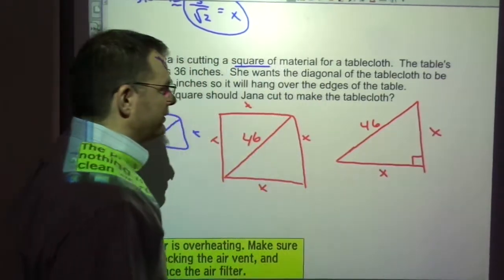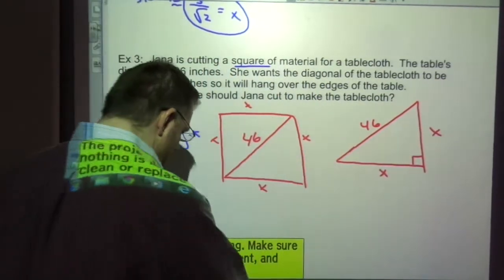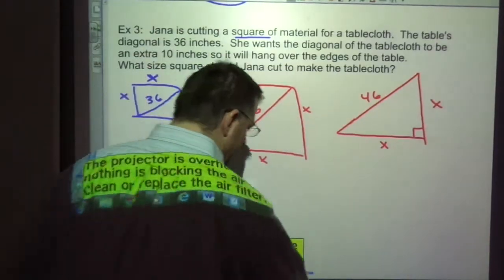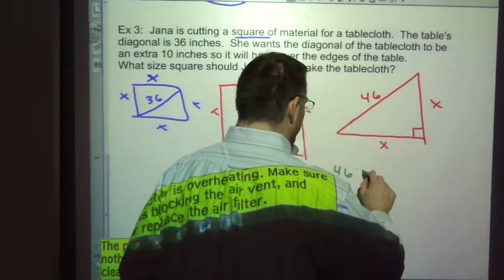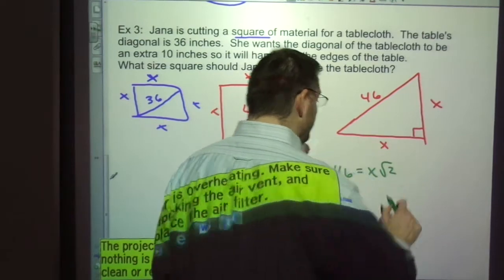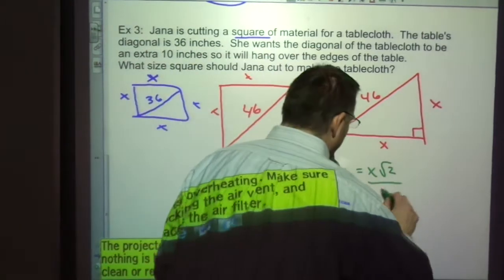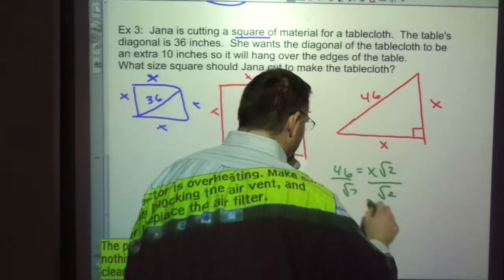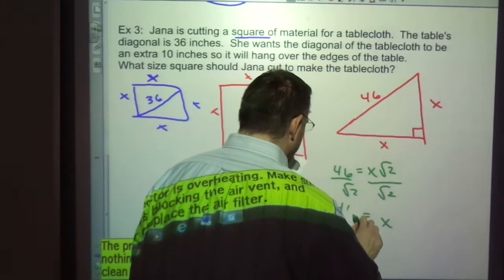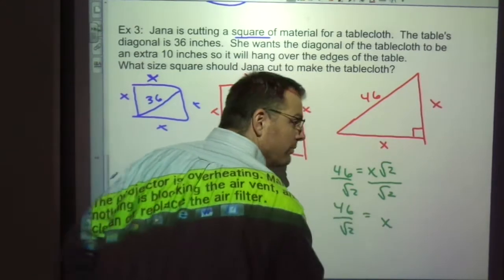46. So to find x, we know that 46 would have to be equal to x square roots of 2. So divide by square root of 2 on both sides. x equals 46 divided by square root of 2. Just get the calculator.